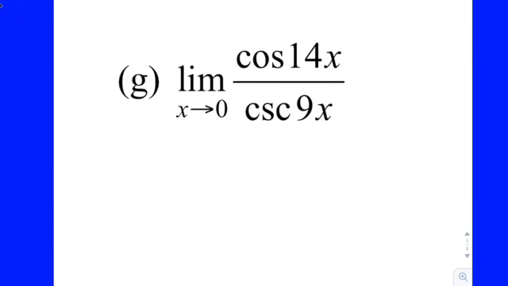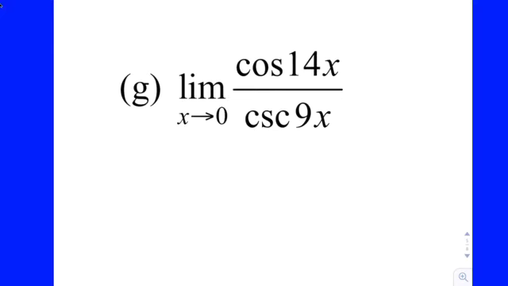All right, what about something like this? Is it going to be 14/9 or 9/14? What is it? Neither. Very good. It looks like it should be one of those, right? But never not first, direct substitution. What do you get when you plug in a 0? You get 1 over, what's cosecant of 0?